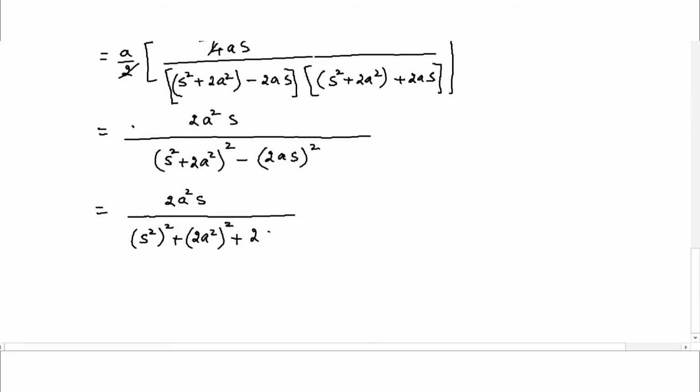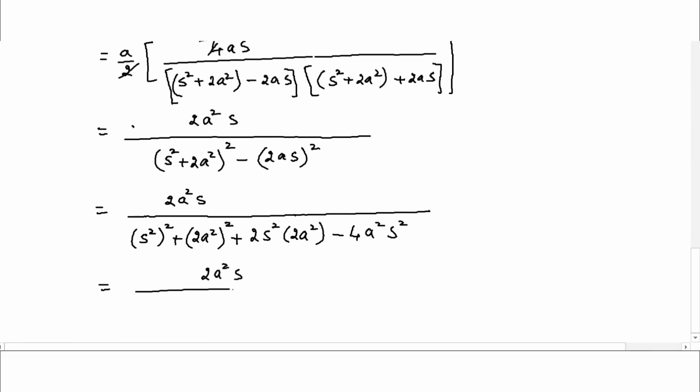So 2 times a into b value over here is 2a square. So it is a square plus b square plus 2ab minus, you can expand this one, 2 square will be 4, you will be getting a square and a square. Or further, if you try to simplify this one, it is 2 times a square, yes, whole divided by.